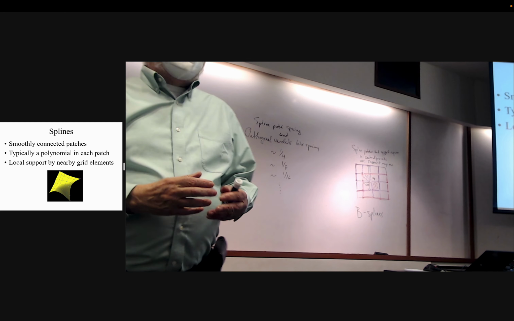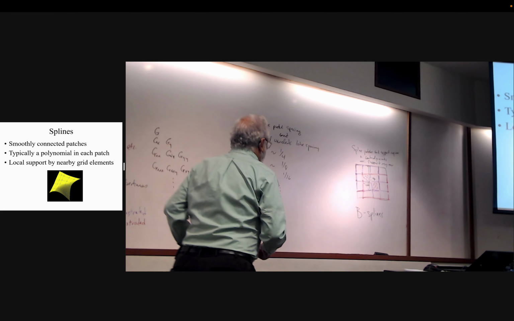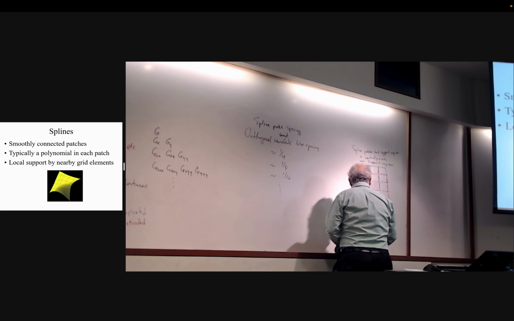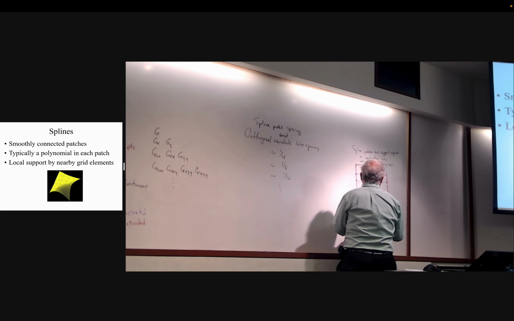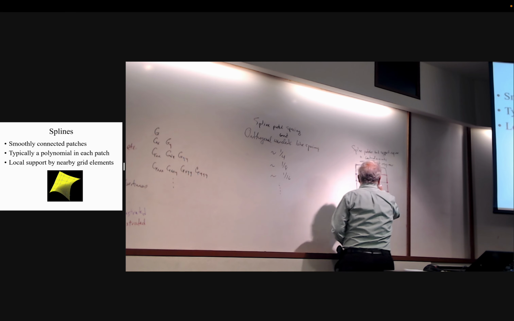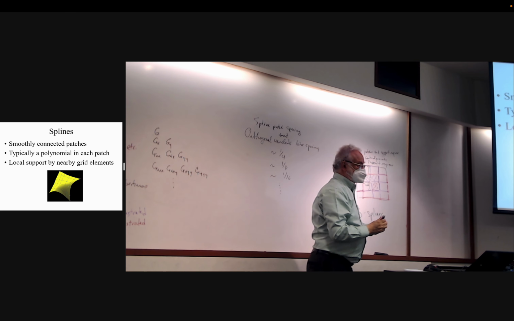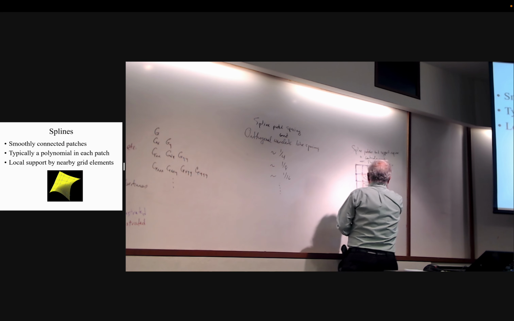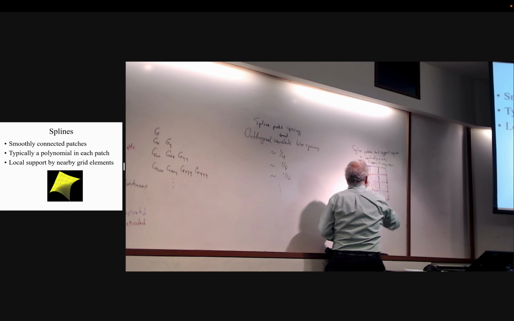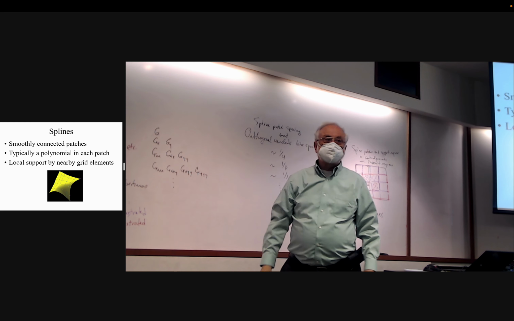Now, the beauty of these is that if you look at adjacent patches, like this one here and this one here, the whole scheme is arranged so that this polynomial and this polynomial fit smoothly together.